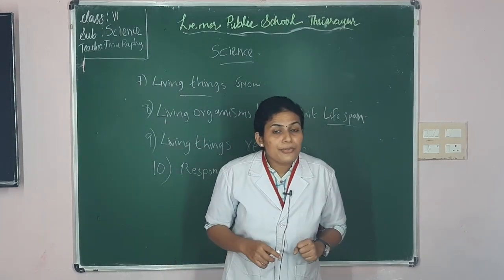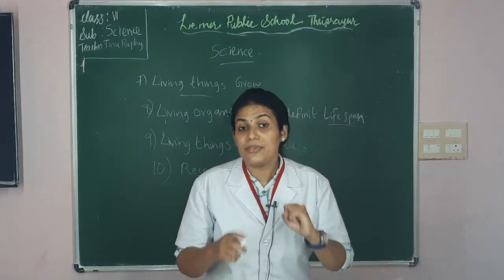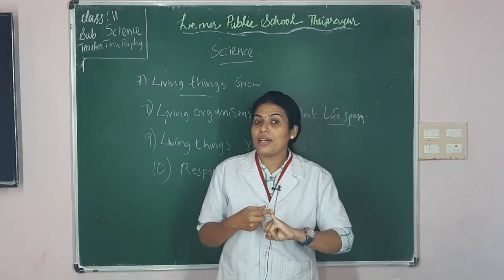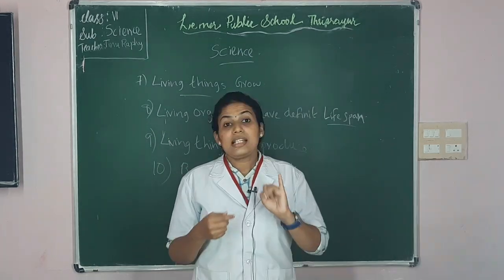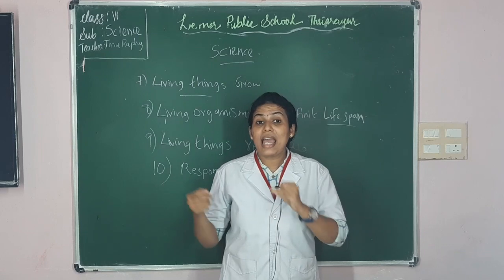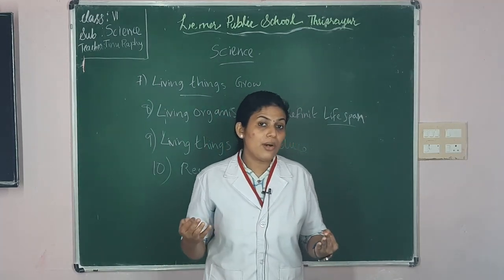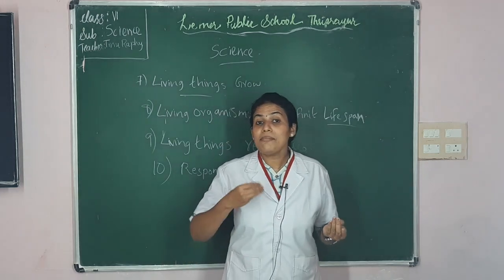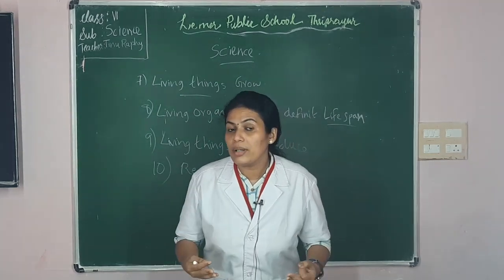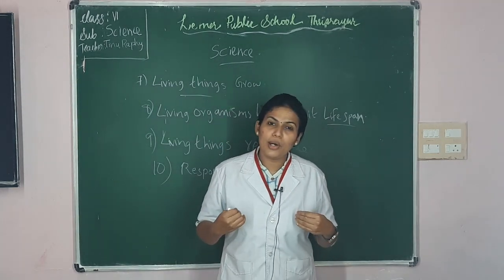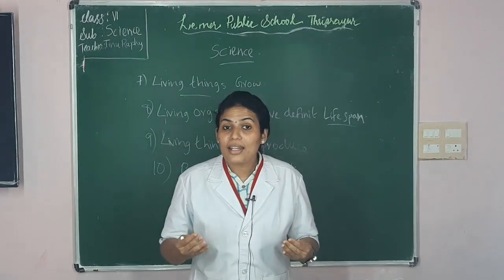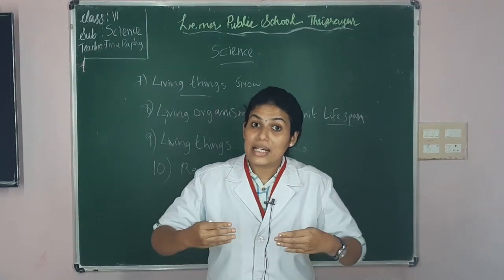So can you recollect a few of the characters? Yes, the first character is living organisms are made up of cells. Second character, living things can move on their own. The third character is living organisms need food for their growth. The fourth character is living organisms can breathe or respire.